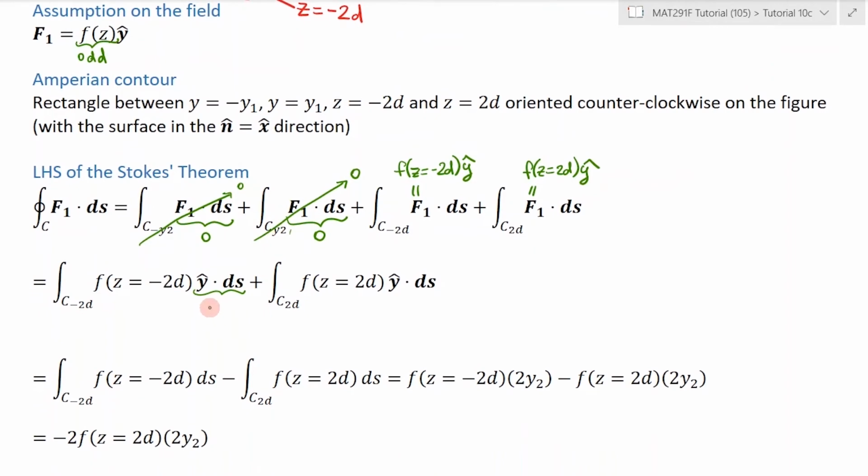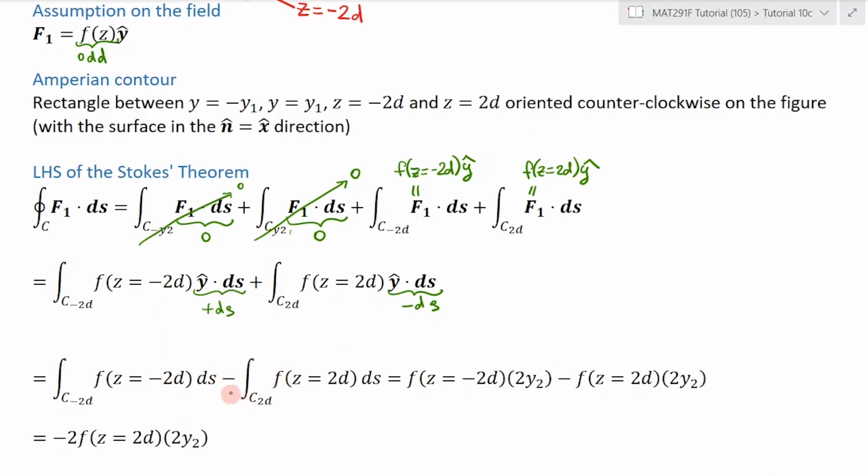So this for the bottom contour is plus ds, and this would be minus ds. On this line, I just plugged this in. This is the same as this. On this line, I just took this minus and took it out of the integral.